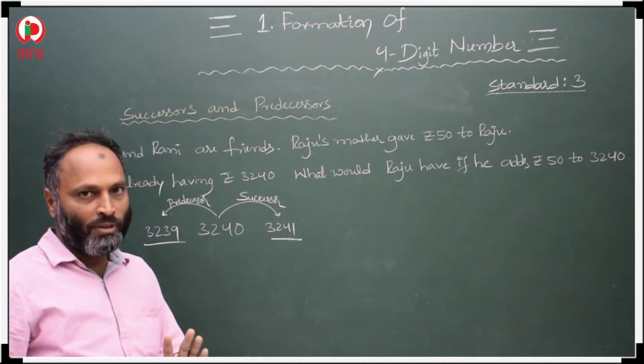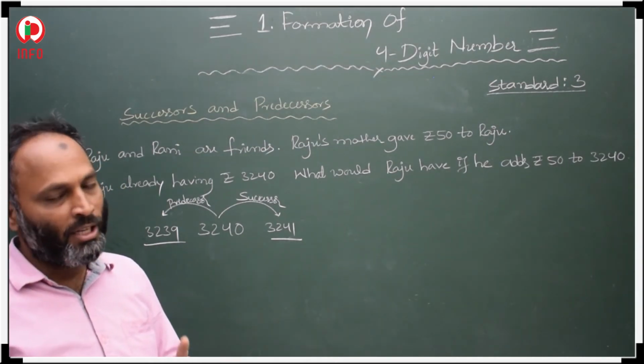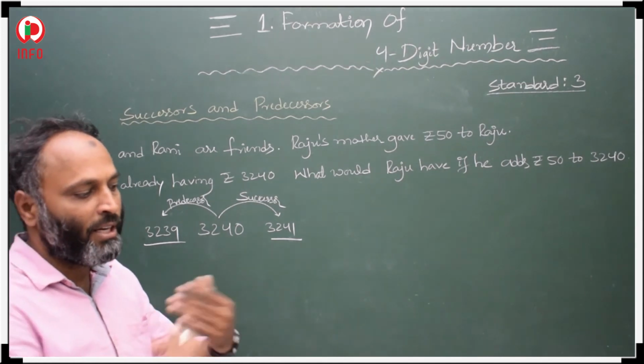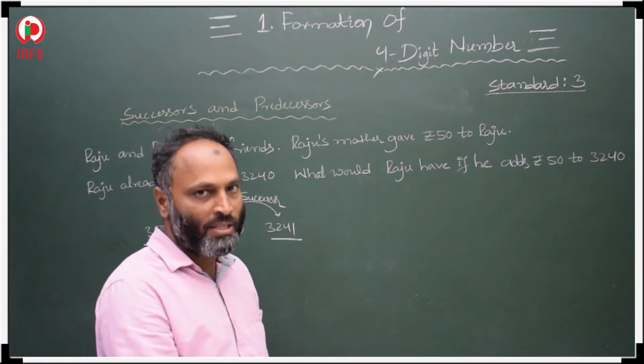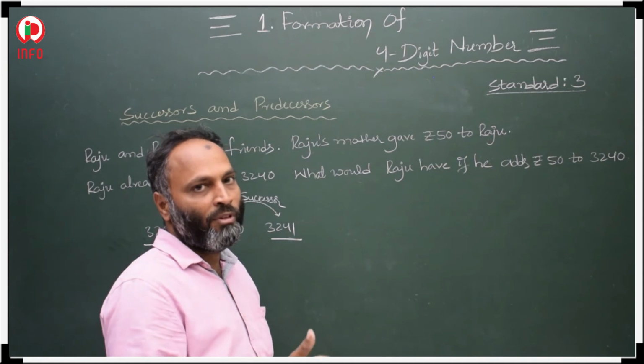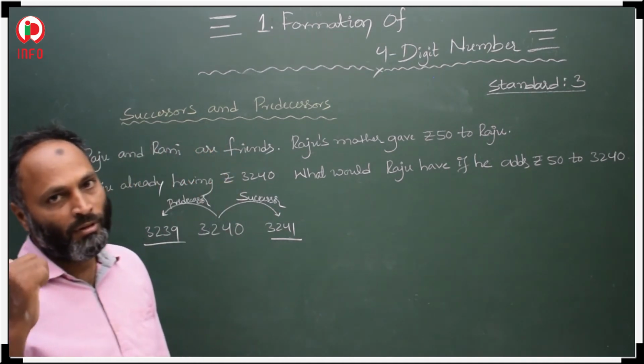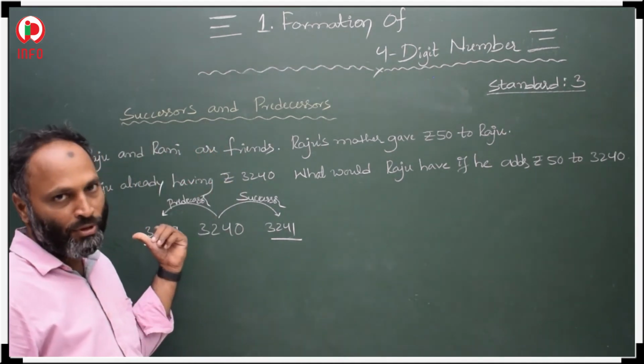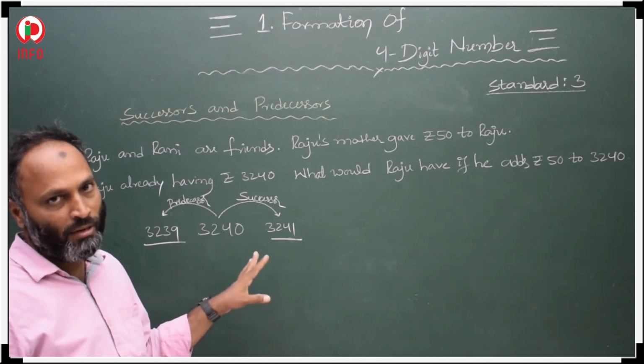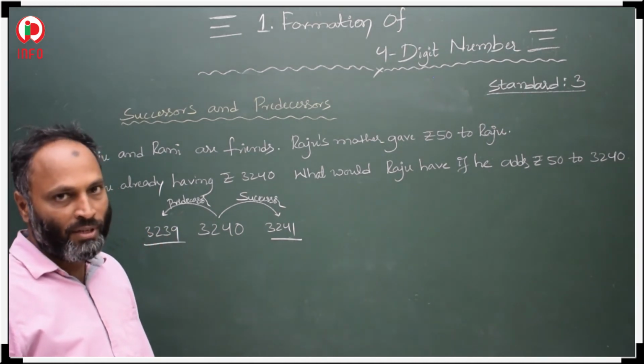So this is the definition of successor and predecessor. Remember this: successor means very next number. What number will come very next? That is the successor. Predecessor means whatever number comes before the given number.